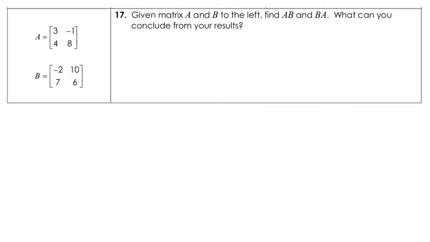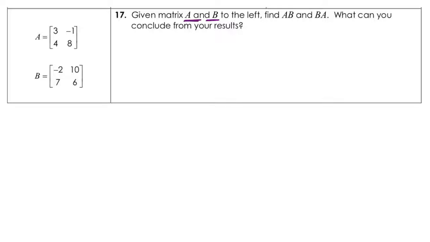Okay, in number 17, we are going to go through, and we need to look at the product of matrix A and B, and then the product of B and C, and see what our values are.